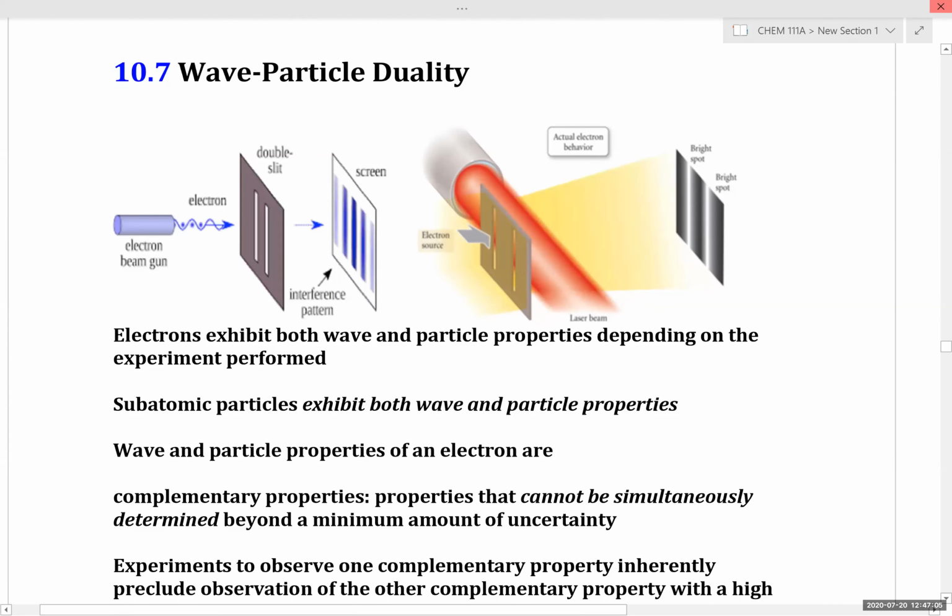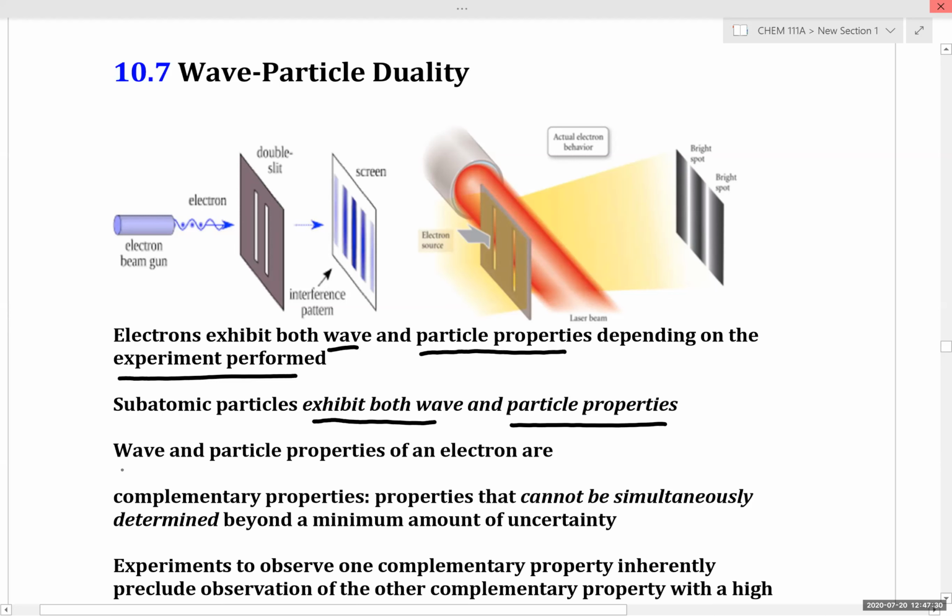So, critical to this idea of the quantum model of an electron is this idea of wave-particle duality. Electrons exhibit both wave and particle properties depending on the experiment performed. In general, subatomic particles exhibit both wave and particle properties.